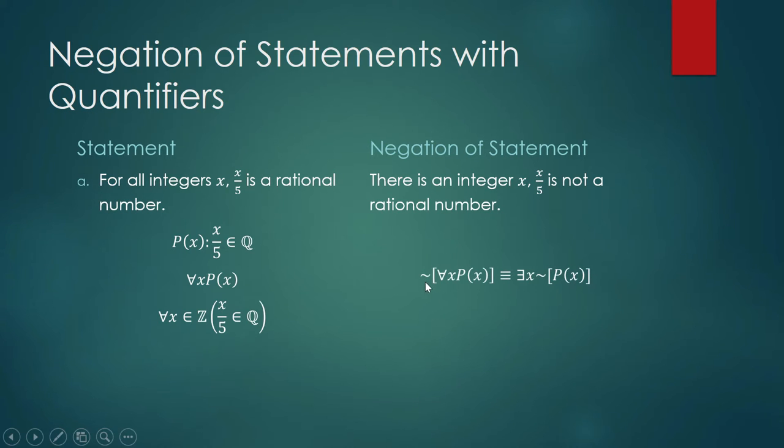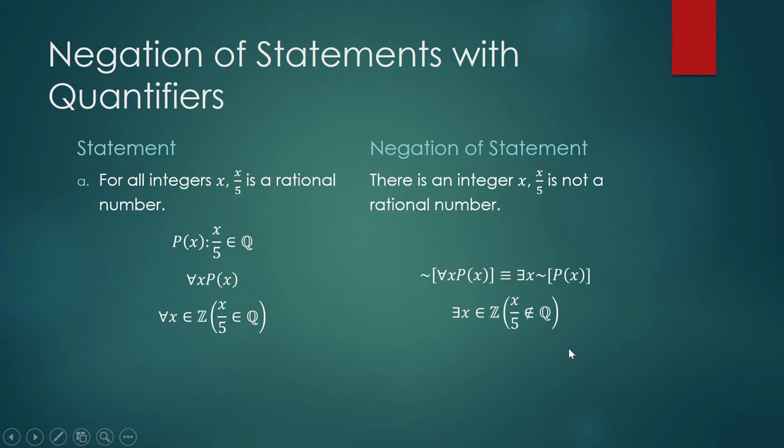This is our symbol for negation. We are negating a statement with a universal quantifier. That is equivalent to there is an x such that P of x is not true. Again, the negation of our statement with a universal quantifier is there is an x such that P of x is not true.